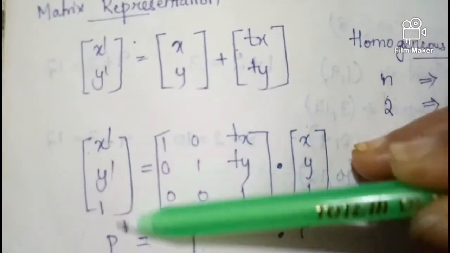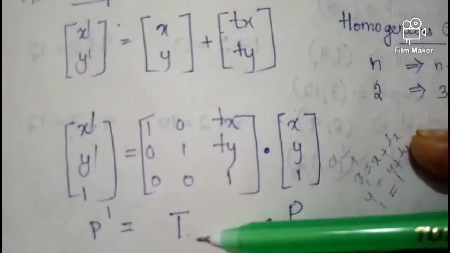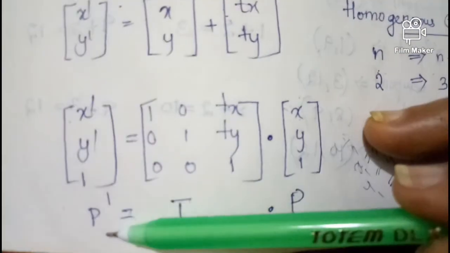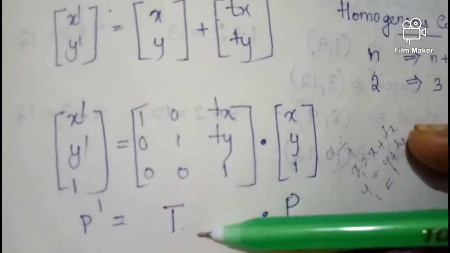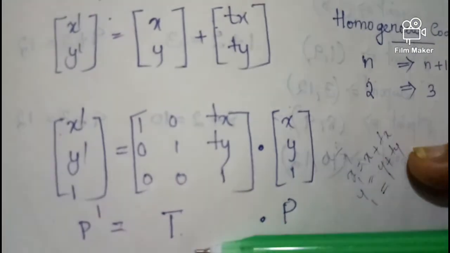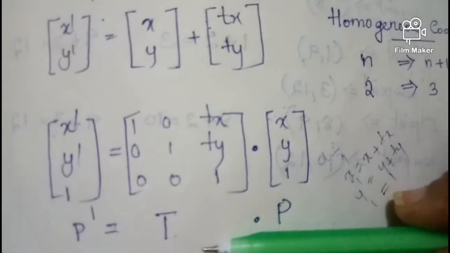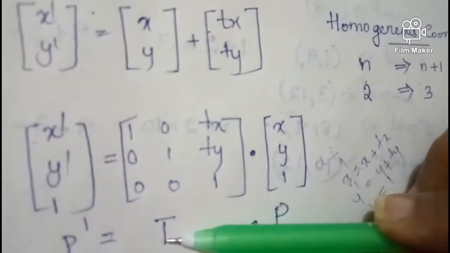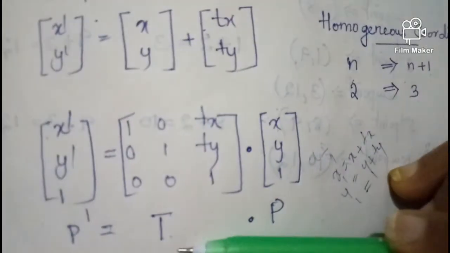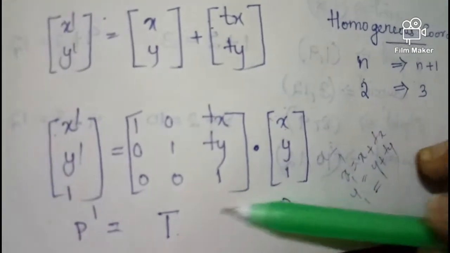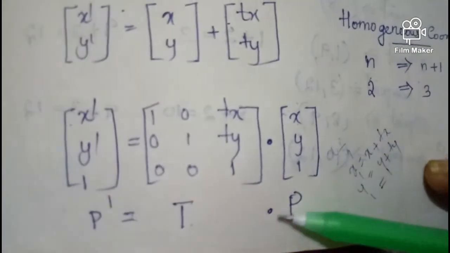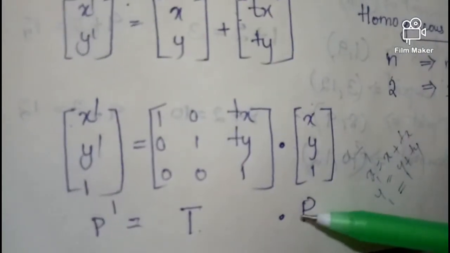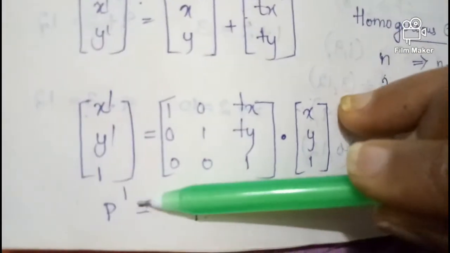So now this can be represented as p dash, this is represented as t, and this is represented as p. So our new equation becomes p dash is equal to t into p. Remember, whenever you represent a transformation using homogeneous coordinates, always represent the matrices in product form, and remember to write it in reverse order like this: p into t equals p dash.